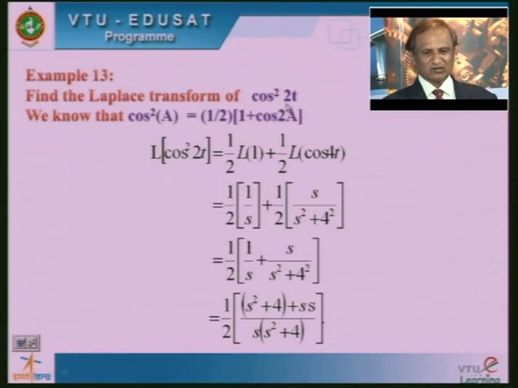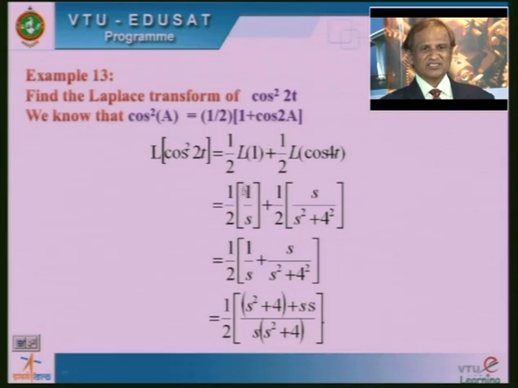It is given that cos square 2t. Is it clear? Immediately you can say that this is not in the standard form, because we know that cos square a is equal to 1 by 2 times of 1 plus cos 2a. By using this formula, you can rewrite cos square 2t in this form, 1 by 2 times of Laplace transform of 1 plus 1 by 2 times of Laplace transform of cos 4t, right. So, 1 by 2 is constant, keep as it is.